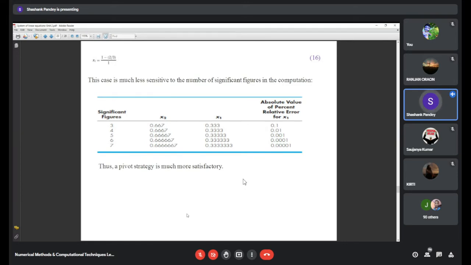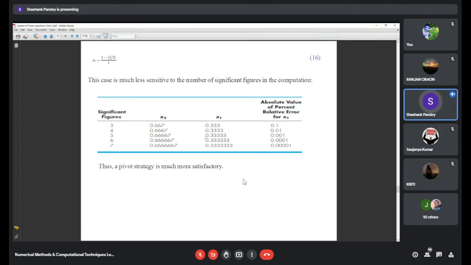So here you can look that whatever be the number of significant digits for x2, the solution for the value of x1 is pretty much insensitive to the number of digits.